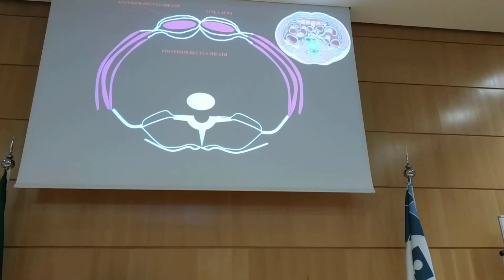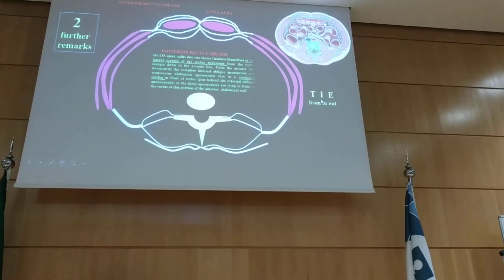Sometimes I refer to transversus abdominis TA, internal oblique IO, external oblique EO. Two further remarks. These are arranged from inside to outside, like the word tie. TAIO EO. Tie. Transversus abdominis, internal oblique, external oblique.